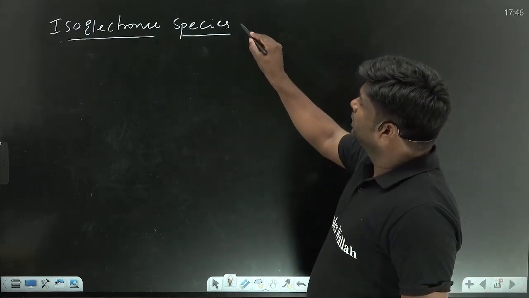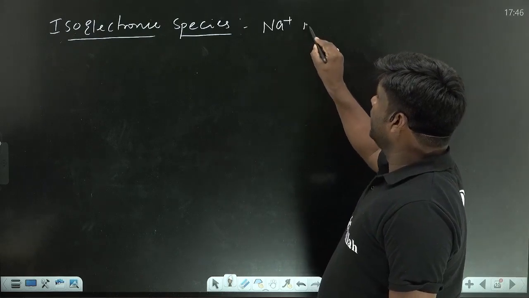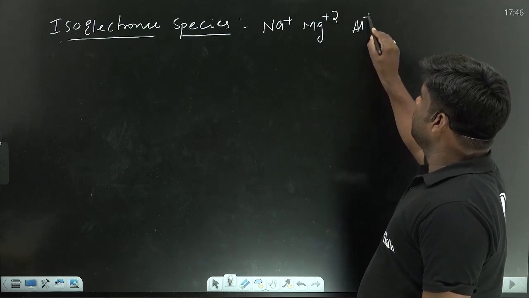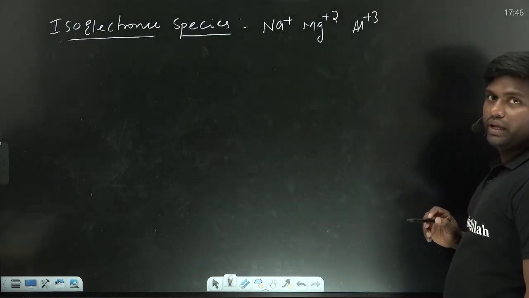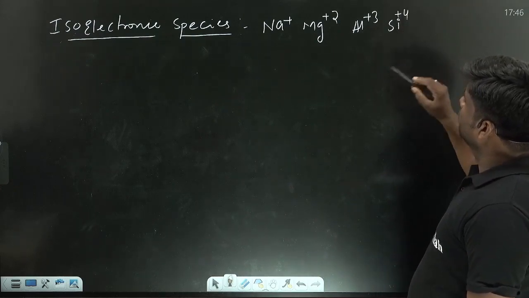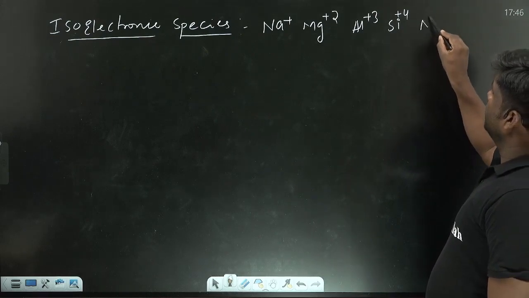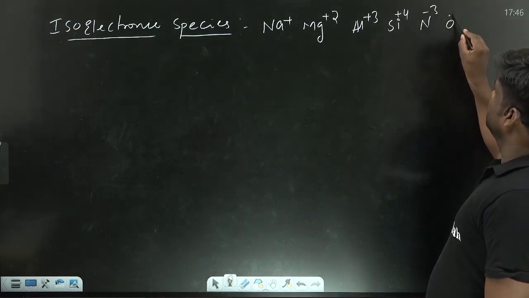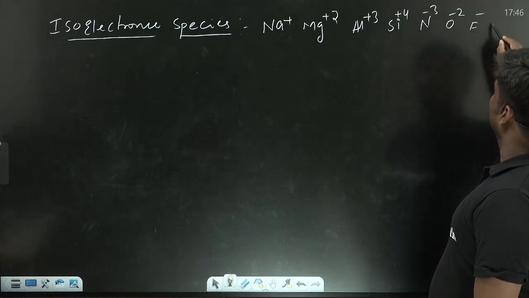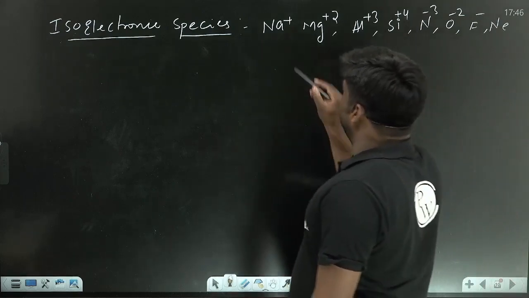For example, we will be taking Na plus, Mg plus 2, Al plus 3, Si plus 4, next nitrogen minus 3, oxygen minus 2, fluorine minus 1, and neon. All these are isoelectronic species only.